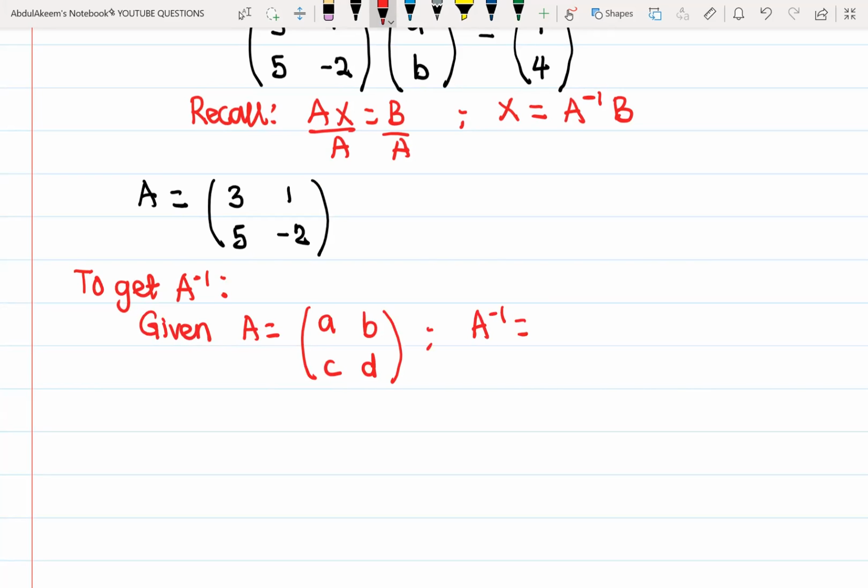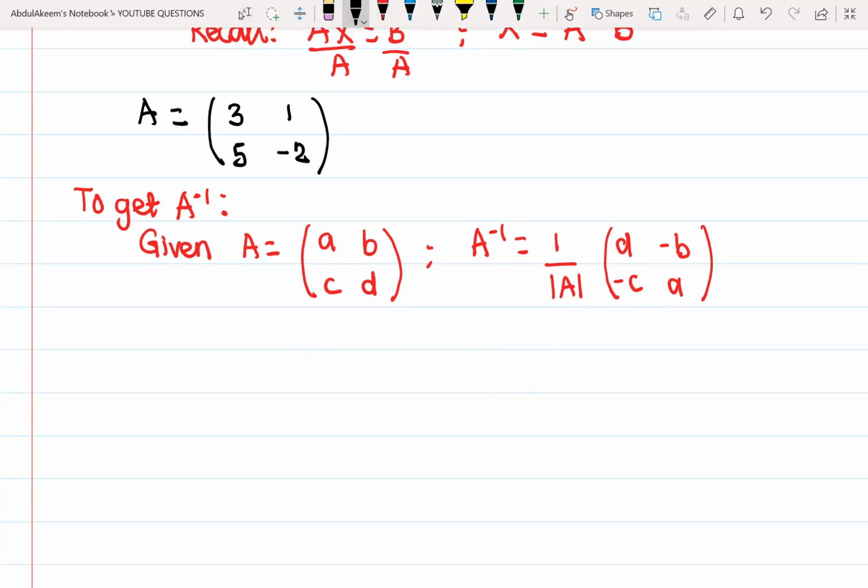This will now become 1 divided by the determinant of A. This diagonal here, this A and D, will switch. So I will have D here, I will have A here. This one here will be multiplied by minus. This will become minus B, and this is minus C. So that's how we can get our inverse for a square matrix, a 2 by 2 matrix.